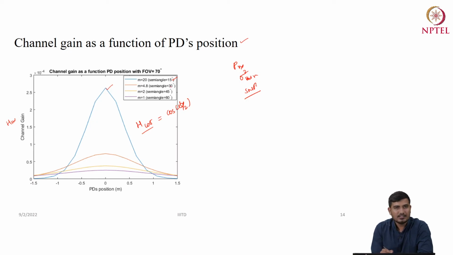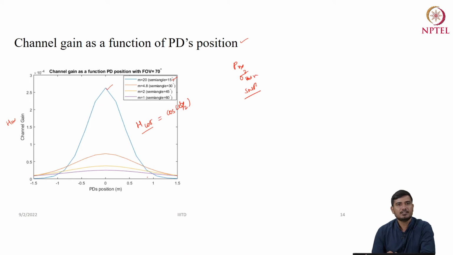And as you increase the value from 15 to 30, the channel gain value reduces. So your maximum channel gain value starts decreasing if you start increasing the LED semi-angle value. But with the increase in LED semi-angle value, your channel gain value reduces, but the distance that it covers increases.